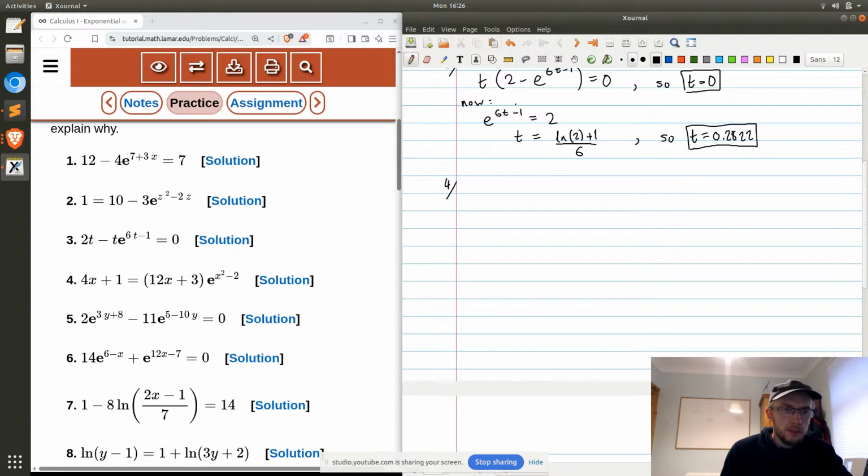We'll take natural logs of both sides, right? Could do. So here's what we obtain there.